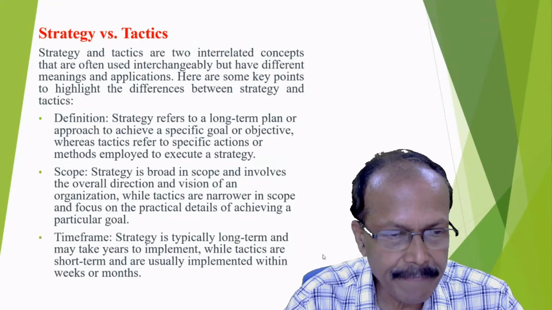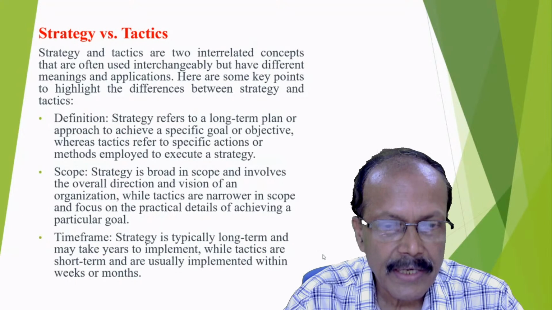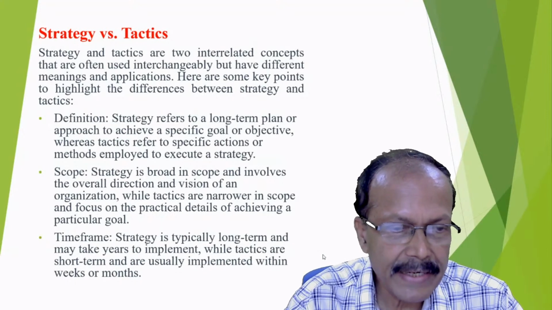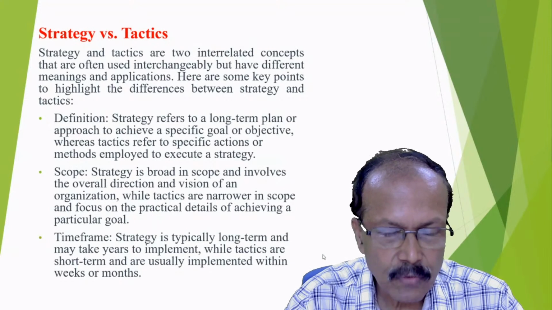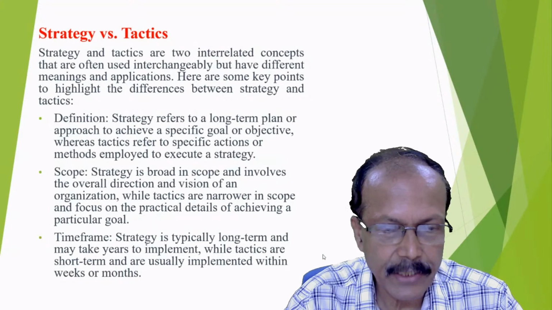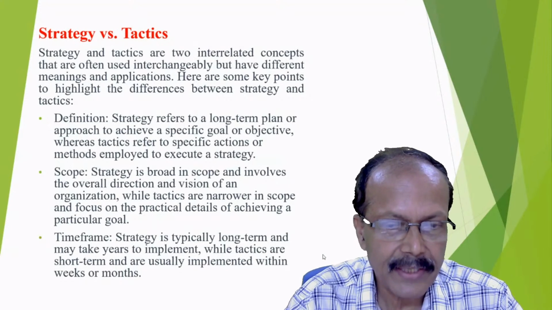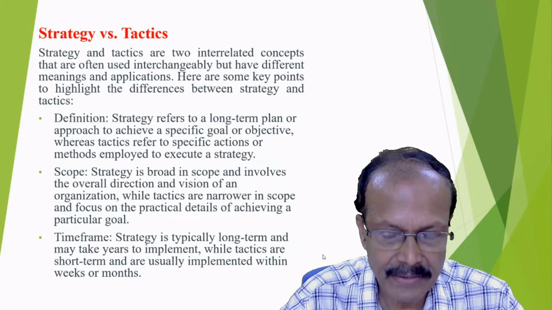With respect to the time frame, strategy is typically long term and may take years to implement, whereas tactics are short term and are usually implemented within a few weeks or a few months.